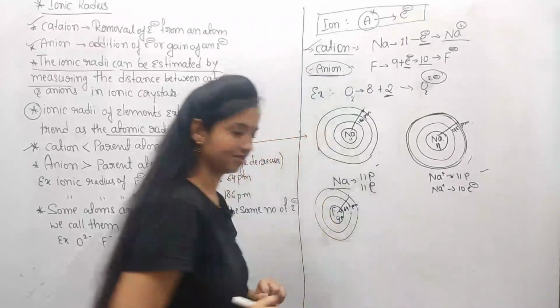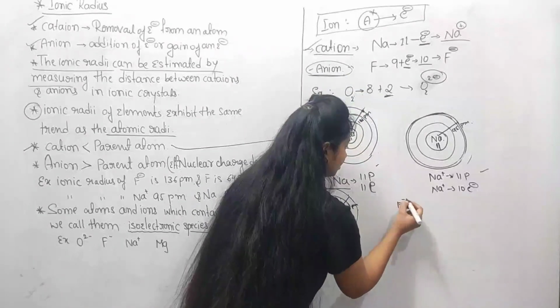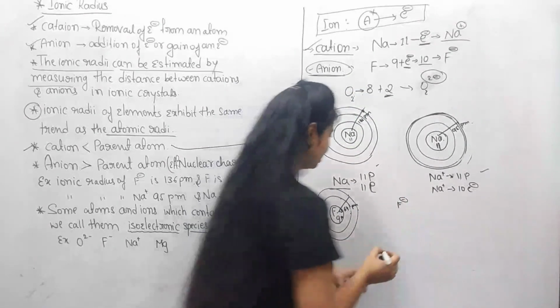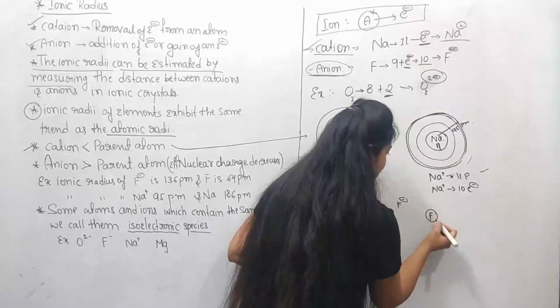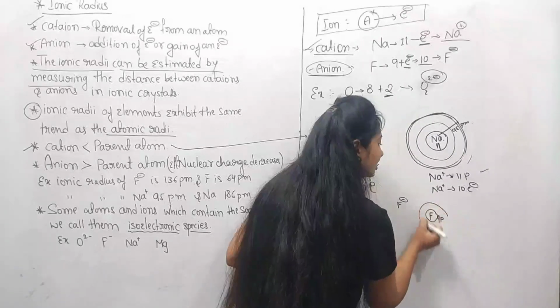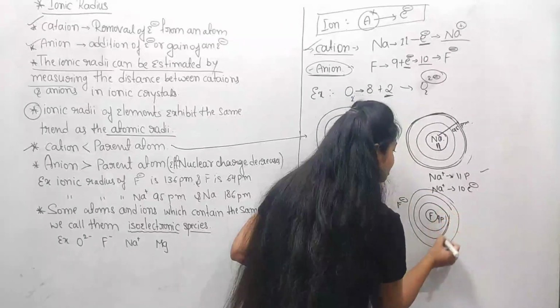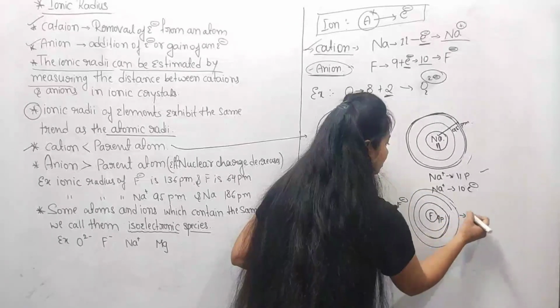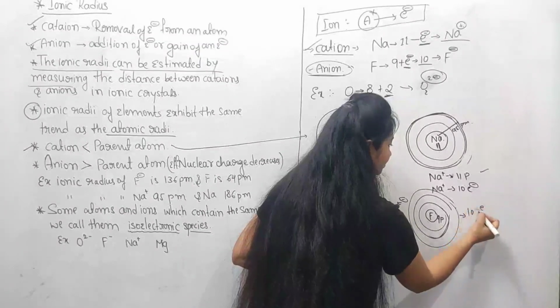And then what happens in a fluoride ion? This is our anion. Here in its nucleus again we have 9 protons, but we are adding 1 electron. In the shells we have 10 electrons.